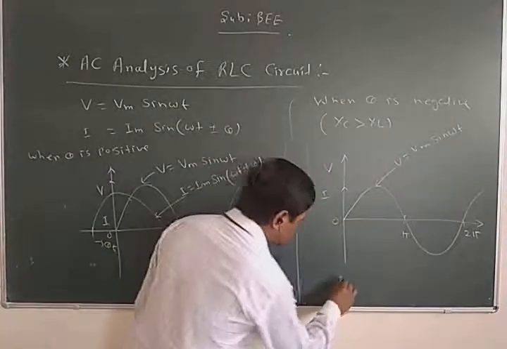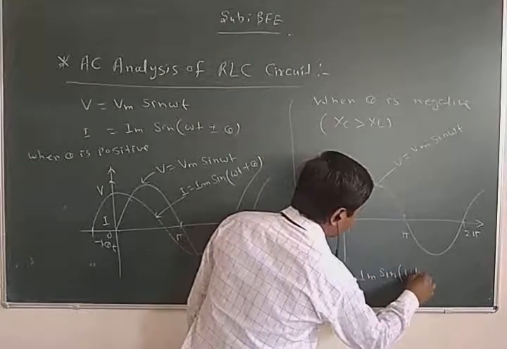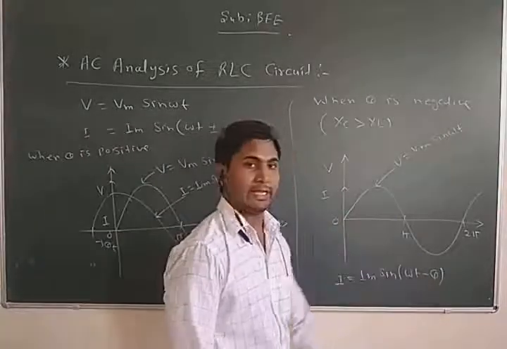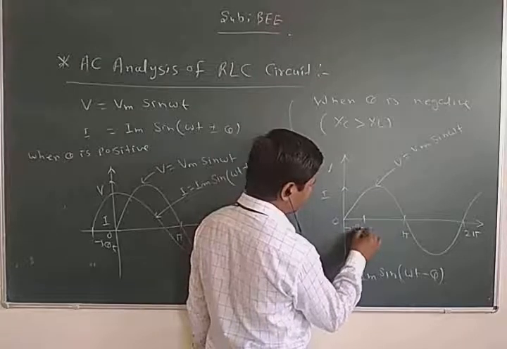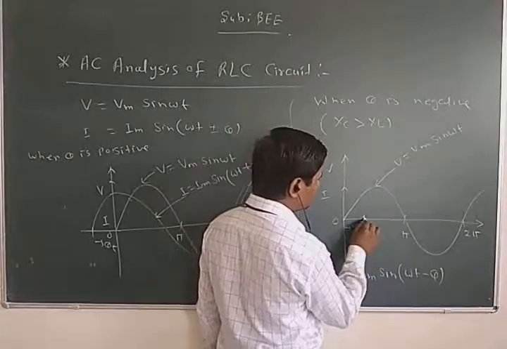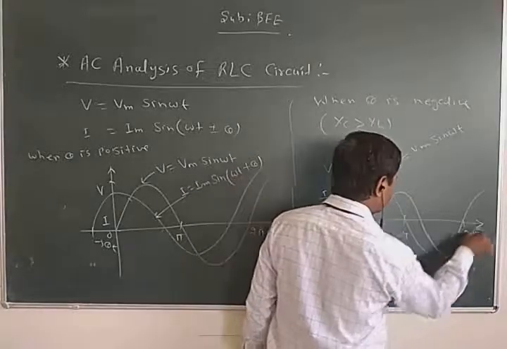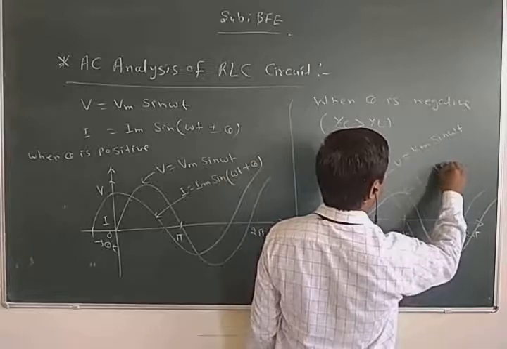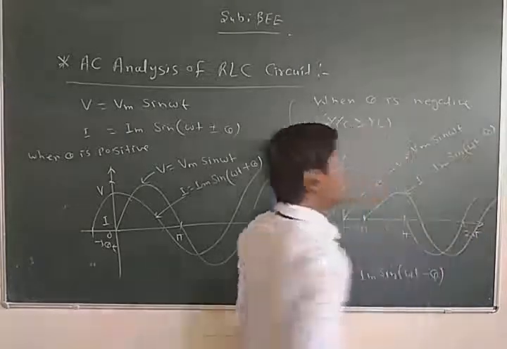Similarly, I is equal to Im sin (omega t minus theta). So minus theta means lagging. So now the current wave starts from here, and this is the waveform for current, I is equal to Im sin (omega t minus theta).